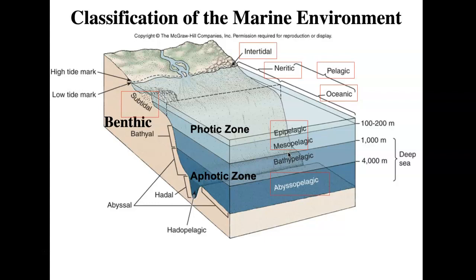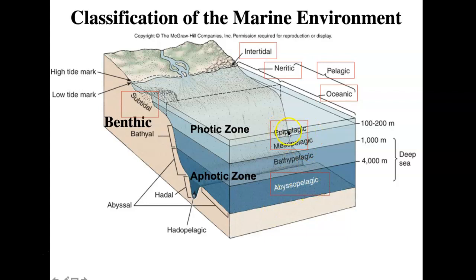On top of that, we can differentiate our pelagic organisms by where they are in depth. We have our epipelagic, our mesopelagic. We won't really talk about the bathypelagic very much, because the majority of the organisms we're going to find here are abyssopelagic. So we're going to focus on epipelagic, mesopelagic, and abyssopelagic.